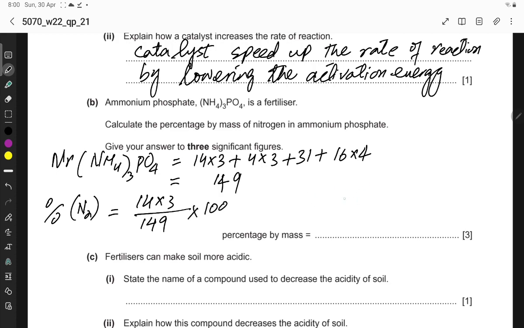To 3 significant figures this is equal to 28.2%.